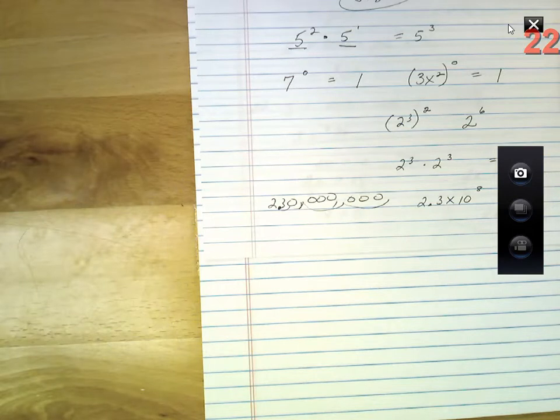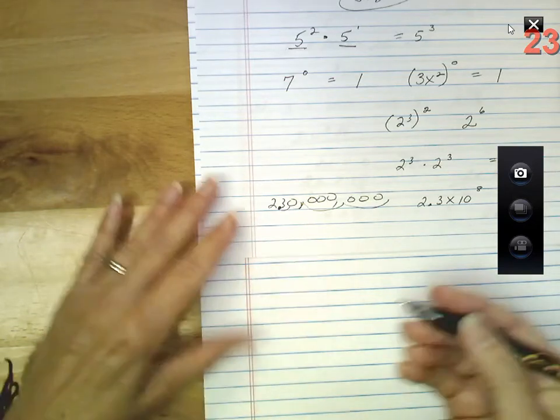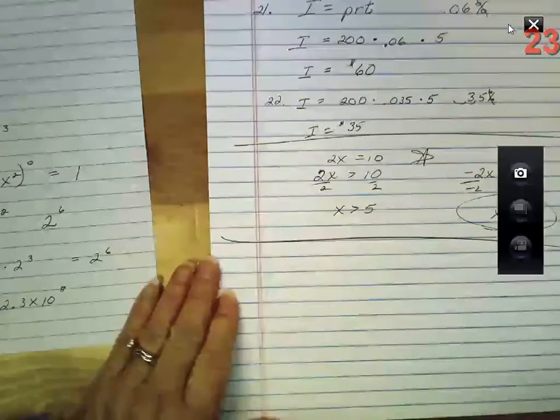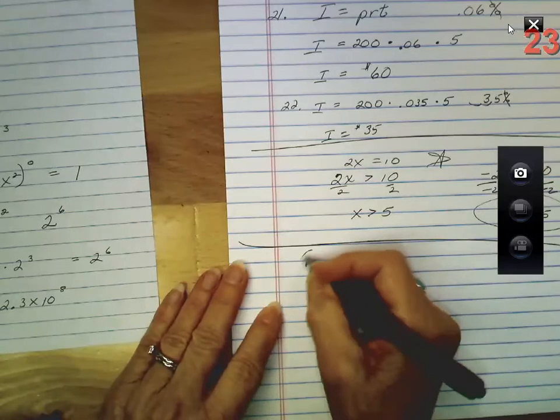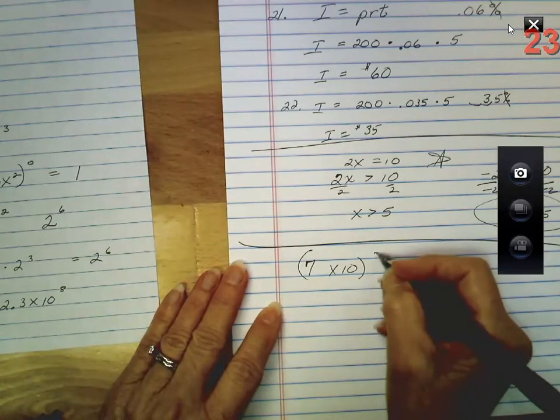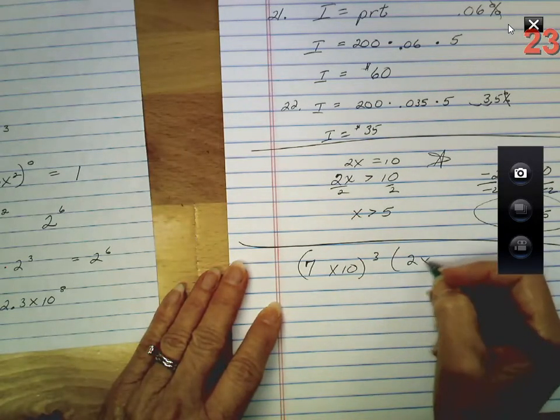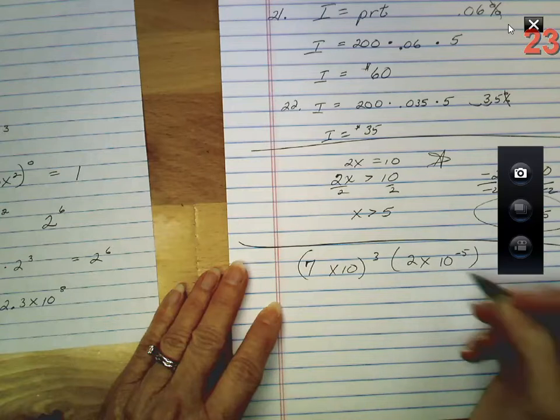Okay. All right. 14 times 10. 13. Okay. All right, so on that one, you had, let's see, 7 times 10 to the third times 2 times 10 to the negative 5.